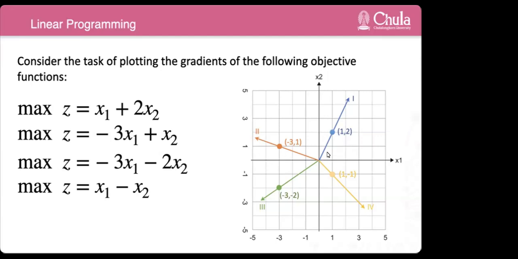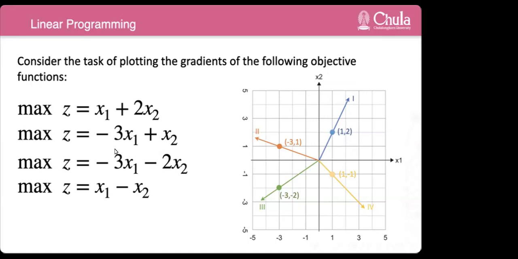The line that passes through the origin and (1, 2) is the gradient of this objective function. That means if we follow this way, we maximize this function.